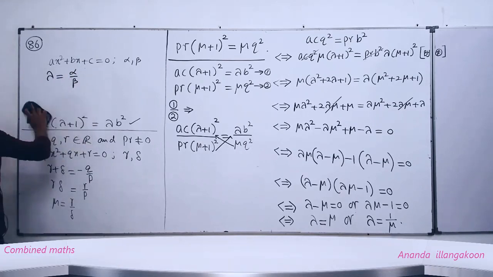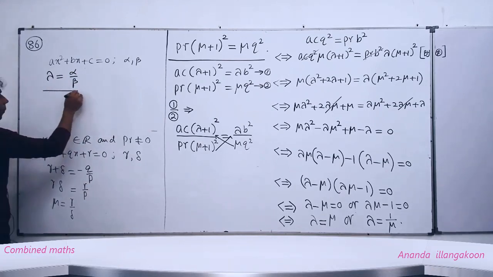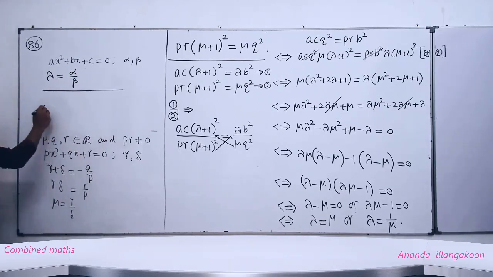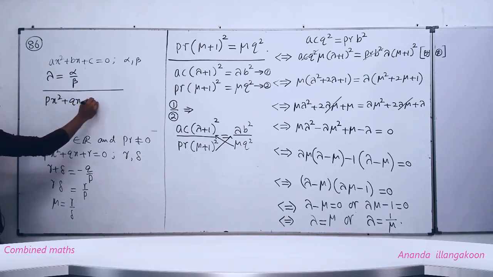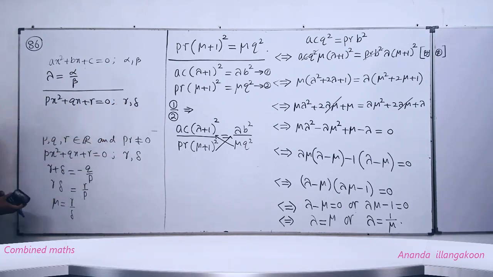That is given. Secondly, this equation, px squared plus qx plus r equals 0, has the roots gamma delta. Then mu equals gamma upon delta.